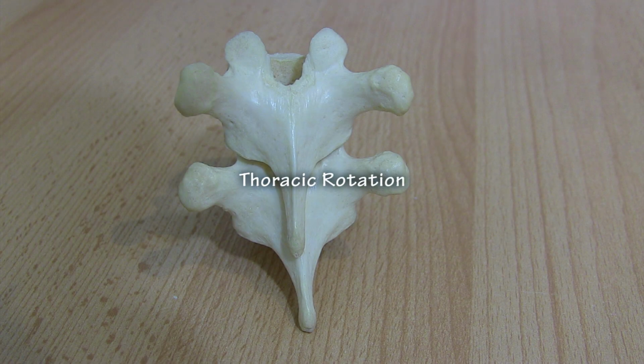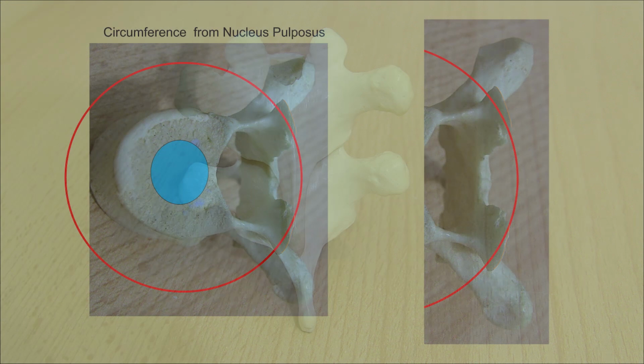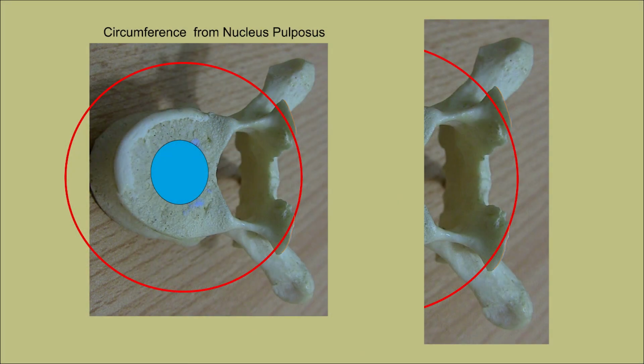If we draw in the circumference passing over the facets of T7 at the distance of our center point of origin, you can see the circumference of T6 rotation would form a small tight circle that does not match the angle of the T7 facets.